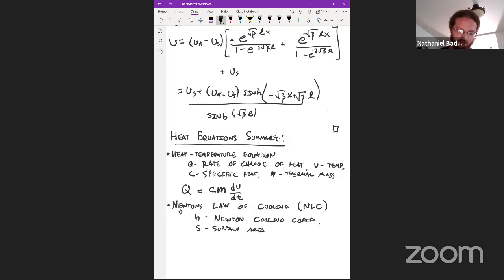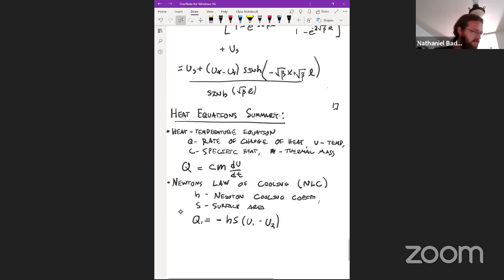We have Q1 is roughly plus or minus, so that the cooling between U1 and U2 is going to be given roughly like this.